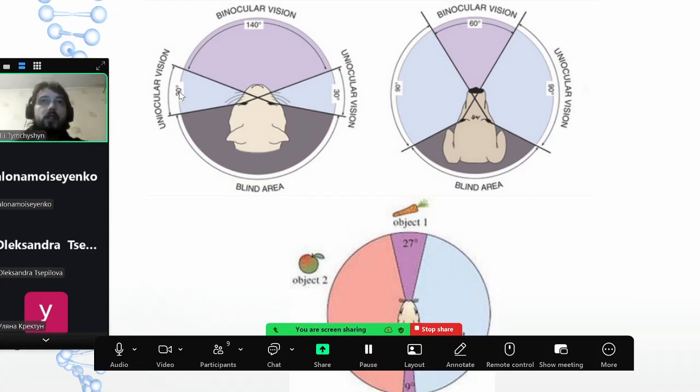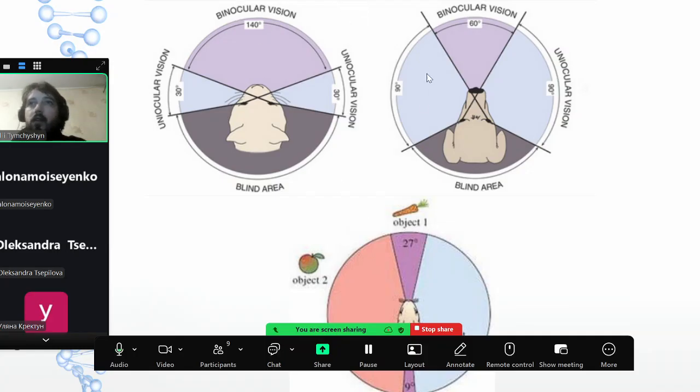And of course, there are some areas where one of the eyes can get information while the other one cannot. For example, vision is blocked by the nose. Animals have a nose, and it blocks some part of the vision. So anyway, you can't get information from everywhere.